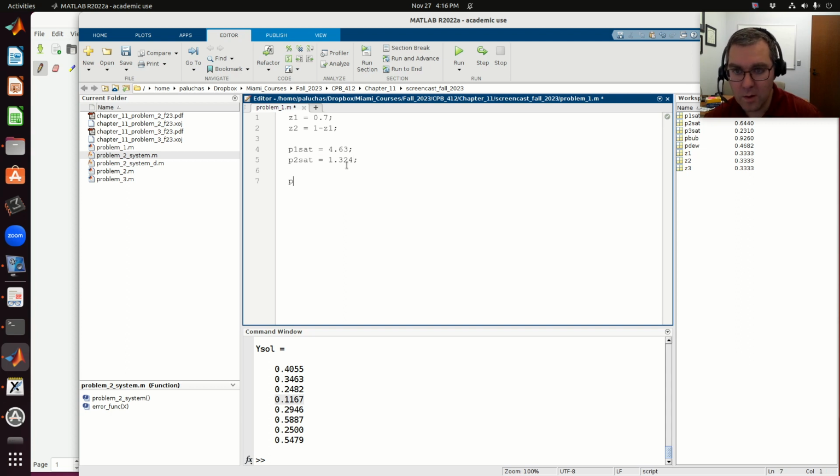So P bubble was equal to z1 times P1 sat plus z2 times P2 sat, and P dew was equal to z1 divided by P1 sat plus z2 divided by P2 sat, all raised to the power of -1.